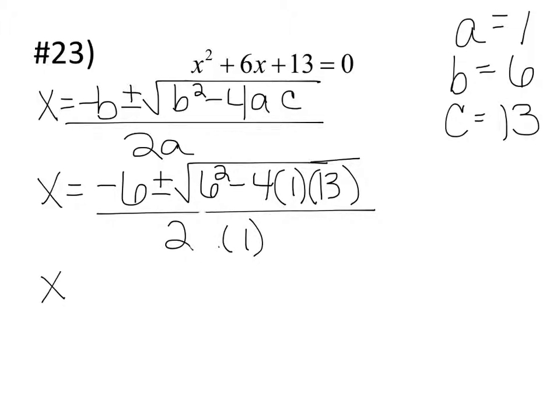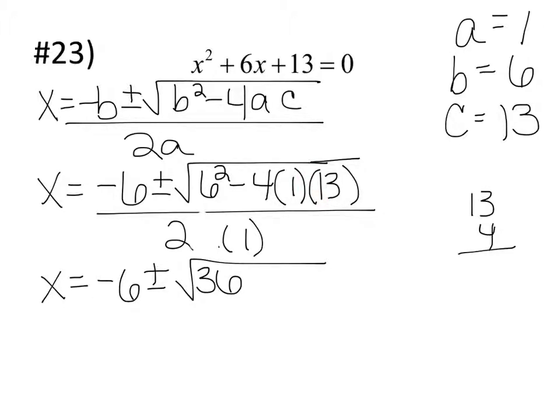Then I've got x equals, I'm going to clean it up a little bit, negative 6 plus or minus the square root, 6 squared is 36. Negative 4 times 1 is negative 4, times 13 is negative 52, all over 2 times 1, which is 2.